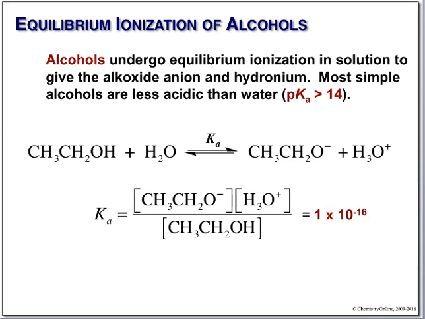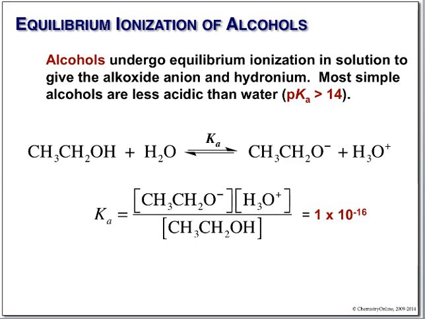What this means in reality is that in this equilibrium, you have virtually none of this stuff relative to what you have here. So the equilibrium lies very, very far to this side, the side of reactants, with just a little bit of alkoxide and hydronium left over.